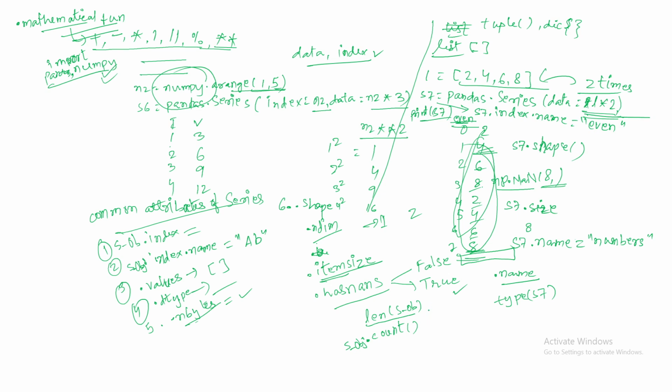So len attribute will give the total number of elements including missing values.